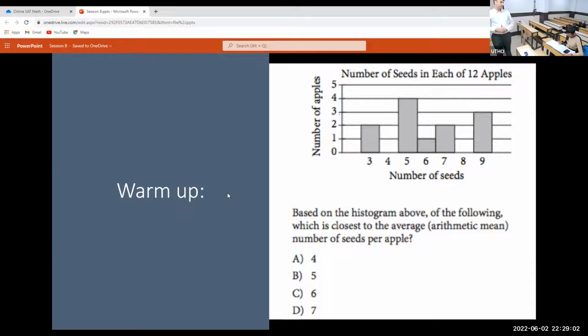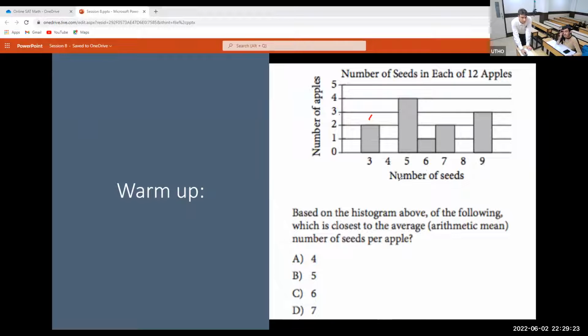Okay, how? Let's see, keep answering some of my questions. How many apples are there with 3 seeds? 2 apples. How many apples with 5 seeds? 4 apples. How many apples with 6 seeds? 1 apple.